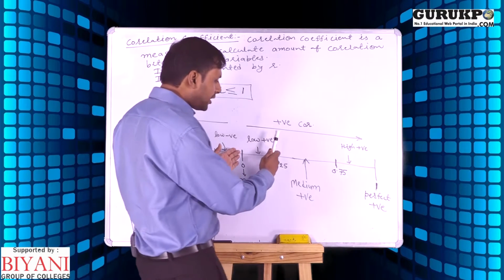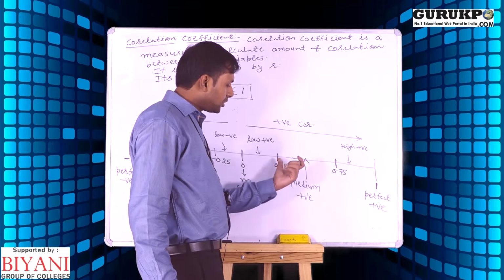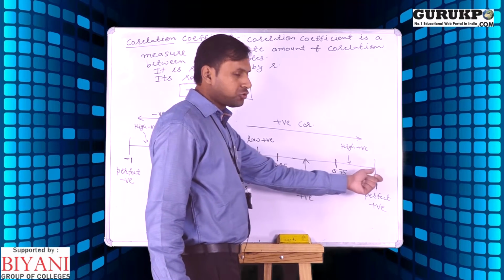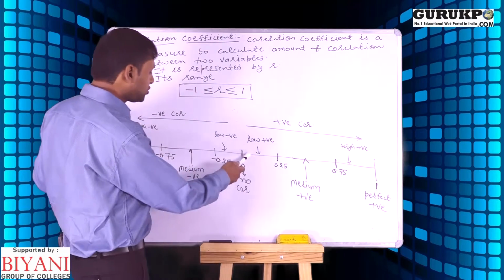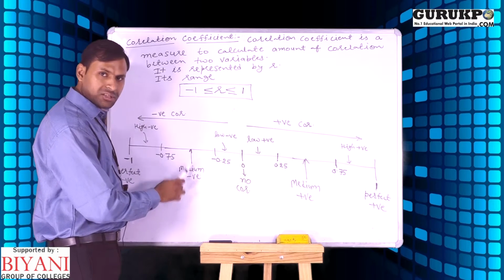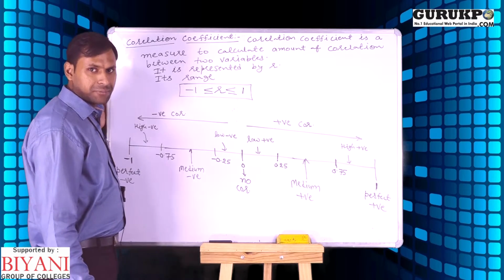In between, there are three categories: 0 to 0.25, low positive; 0.25 to 0.75, medium positive; and 0.75 to 1, high positive. Similar is the case in negative correlation: 0 to -0.25, low negative; then medium negative; and this one is high negative correlation. Getting my point?